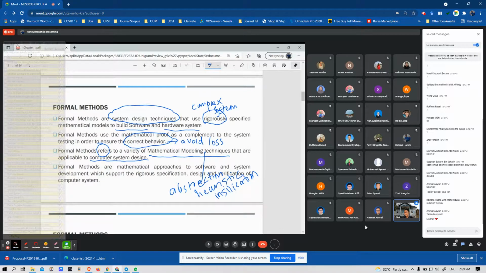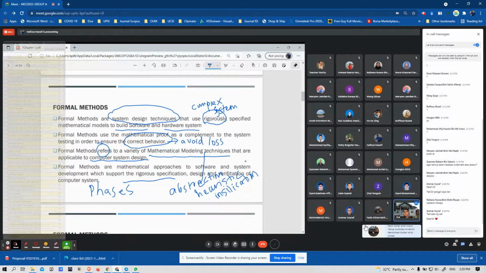This takes a lot of phases. That's why formal method is a complex system, very complex because it involves a lot of design and verification of computer systems. Do you have any questions so far?